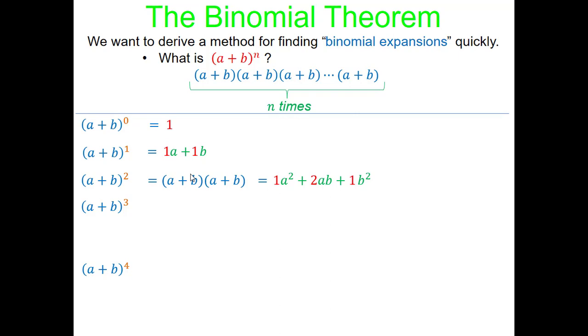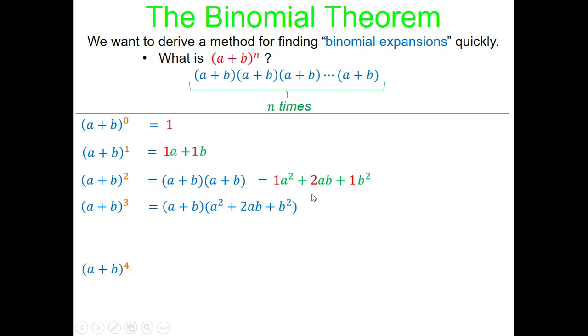Well, what if we were to multiply a plus b times itself 3 times? Well, what we should realize is that we've already figured out what a plus b times itself twice is. So we could replace a plus b to the third power as a plus b times the quantity that we just found, which is a squared plus 2ab plus b squared.